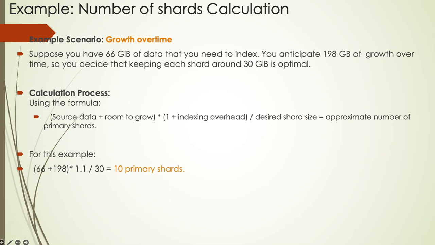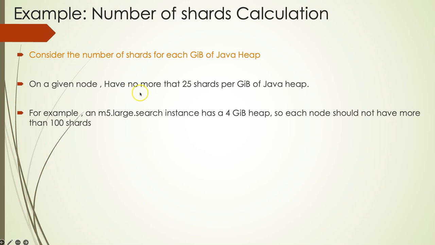The other part is ensuring what instance type you're looking to have and how much memory, and then based on the Java heap size, you're not looking to have more than 25 shards per GB. So that will give you the total number of shards.